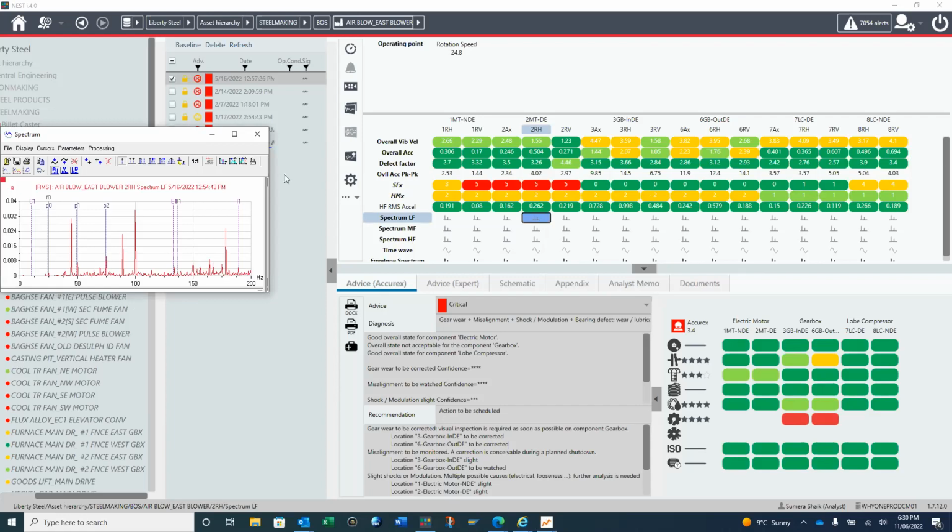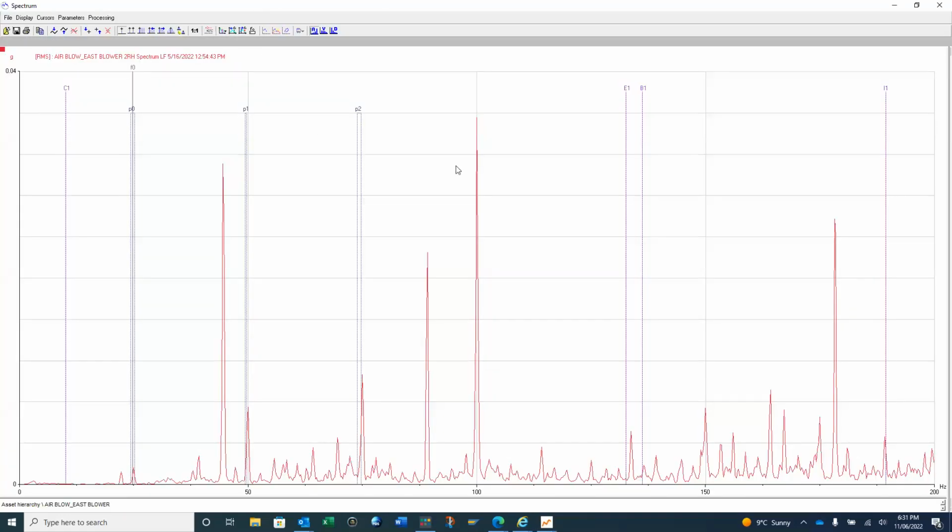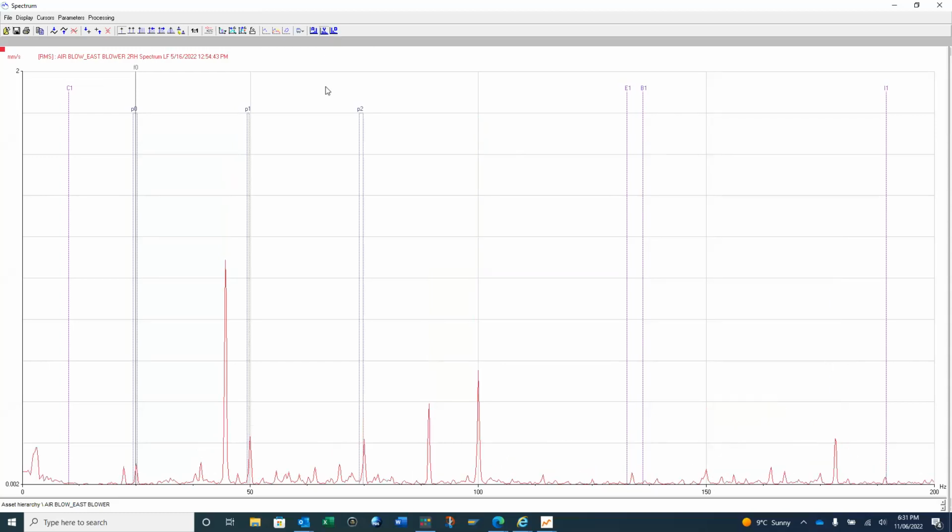So this is the horizontal drive end low spectrum. Can you see, sir? This is in acceleration. We can put it in velocity. Yeah, put it in velocity. So this is velocity.